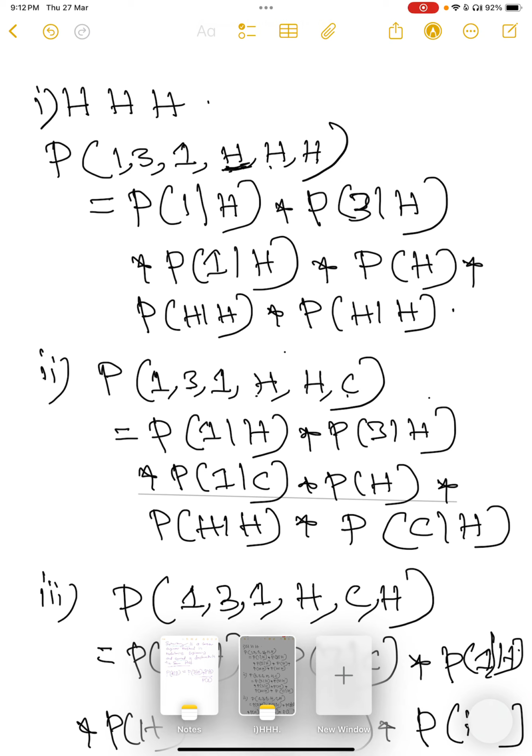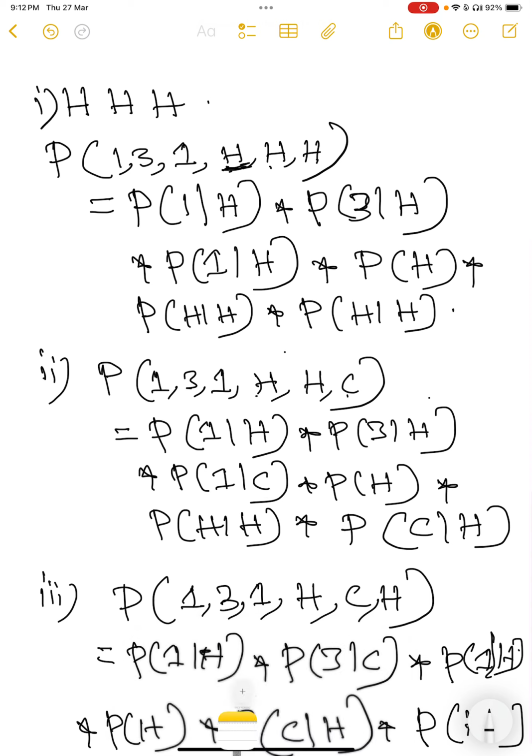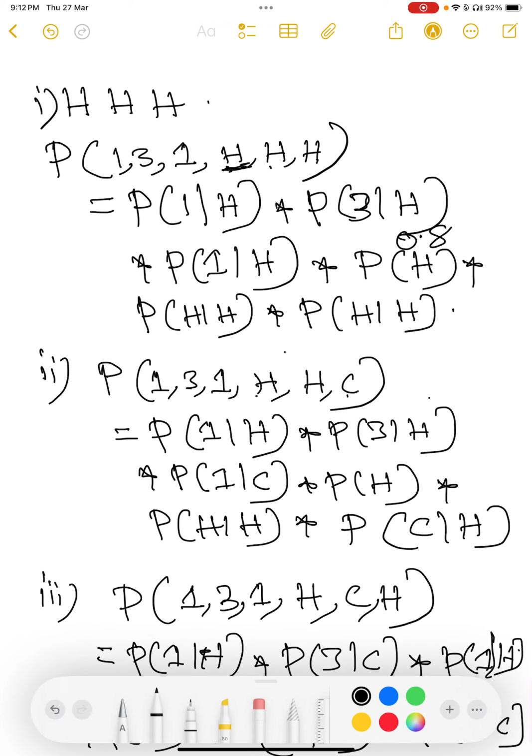One given H is 0.2. Probability of H is 0.8.